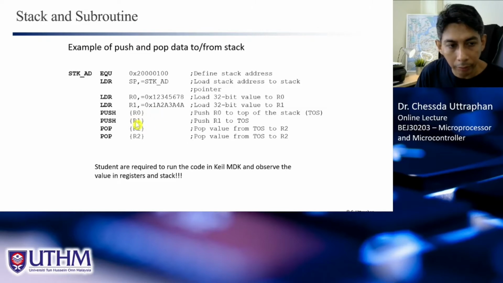So here R1 will be at the top of the stack, and this is how we pop. When we pop, the first data to be popped from the stack is the data from R1, which we will save in R2, and when we pop again, we will pop the next data, which is this one. When we use pop or push, the operation is in 32-bit, so the data is 32-bit.